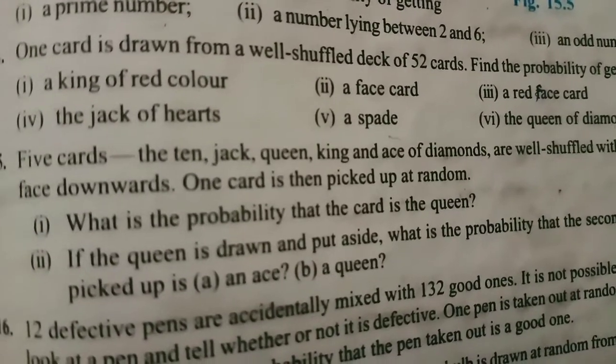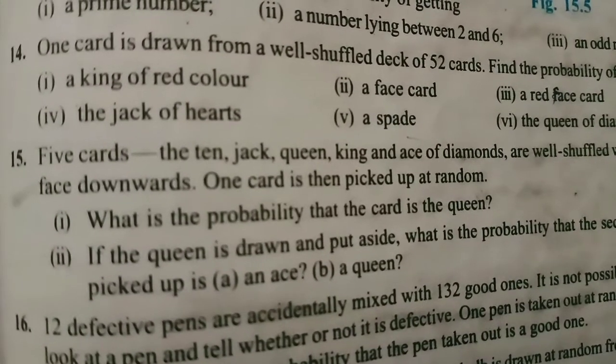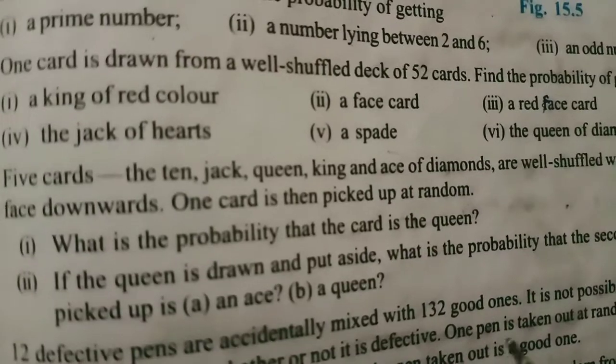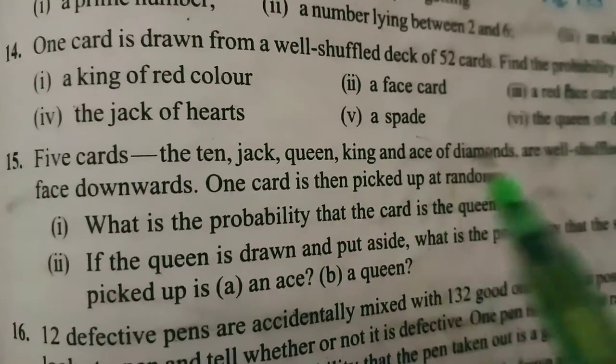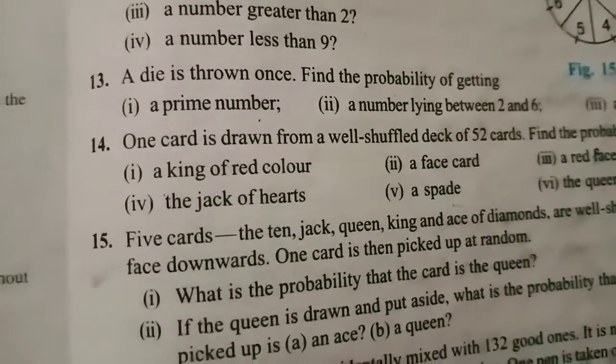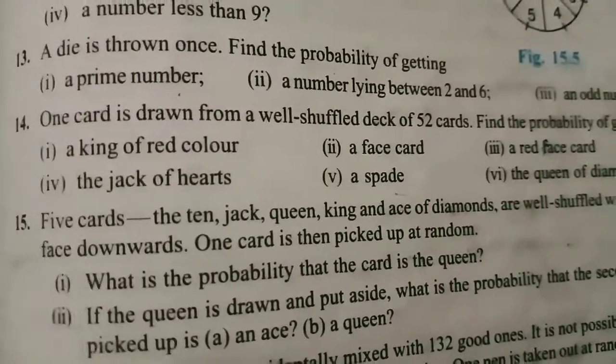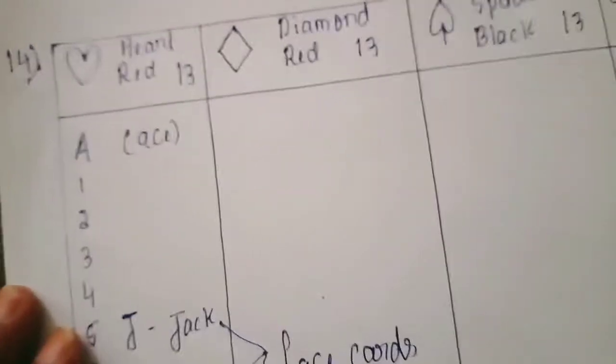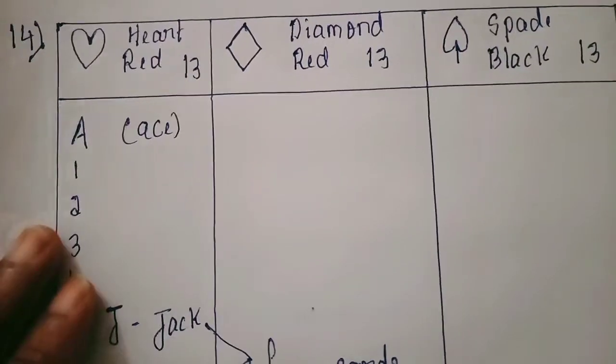Before I start this question, you have to know many things in this concept, a very important concept about playing cards. You might have seen the regular playing cards we play, like rummy, set and all. You should know the concept of those cards. First let me explain how many cards you have, what the symbols are, and what the colors are. Let me explain everything one by one.